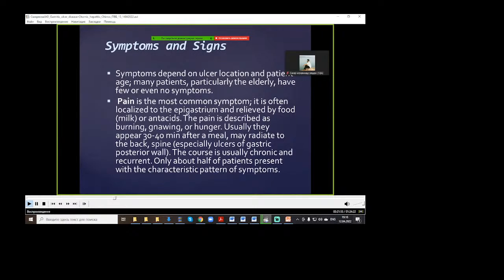The pain is described as burning or hunger pain. Usually this pain appears 30-40 minutes after a meal, and may radiate to the back, spine, especially in ulcer of the gastric posterior wall. The course is usually chronic and recurrent. So this description of pain onset is characteristic for stomach ulcer.